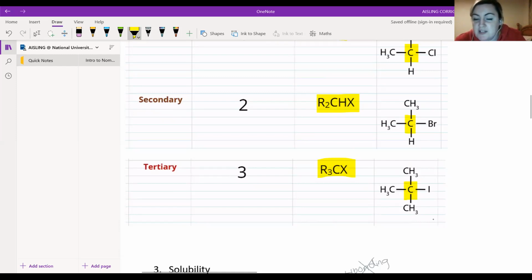So numbering it, the halogens will actually take priority over the alkyl groups, just so you know. In future, I'll probably give an example in another video. When it comes to numbering, you want to number it nearest to the halogens rather than the methyl group. But when we name it, it will always be alphabetical.